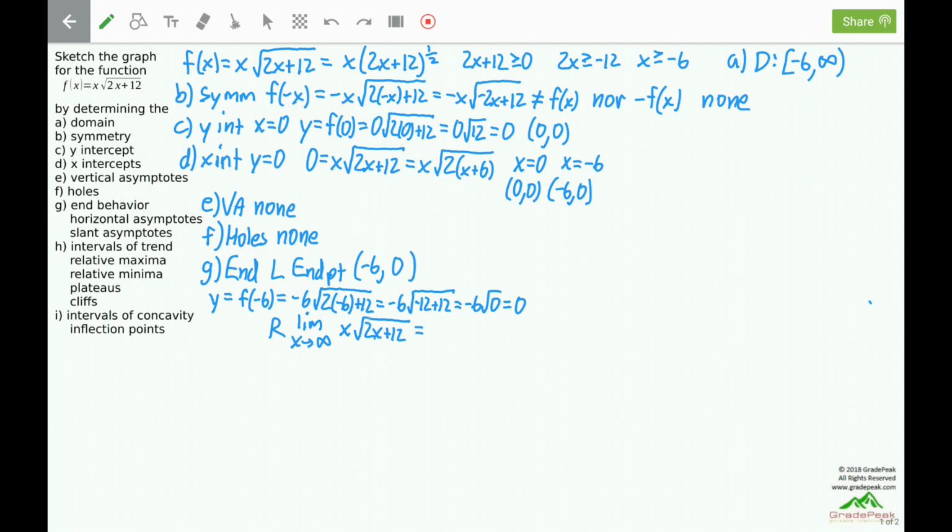Inside of the square root, only the highest power term will matter. 2 times positive infinity will be positive infinity. The root of positive infinity is positive infinity, and then times a positive infinity will still be positive infinity. So the right end behavior will be positive infinity. We'll be sure that our graph follows these end behaviors.